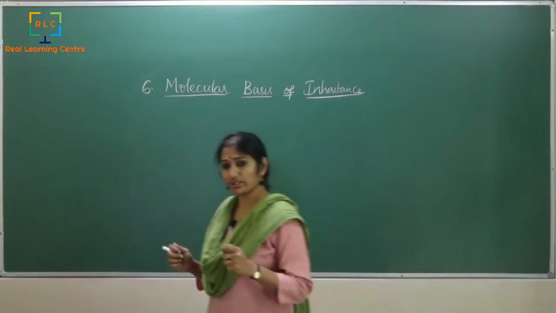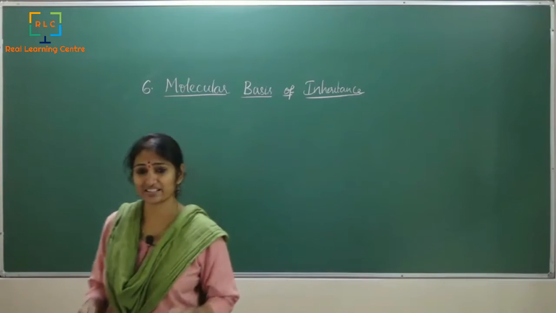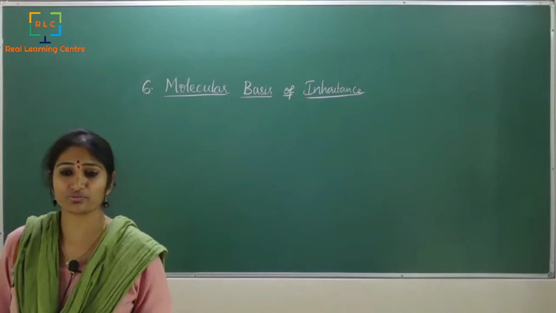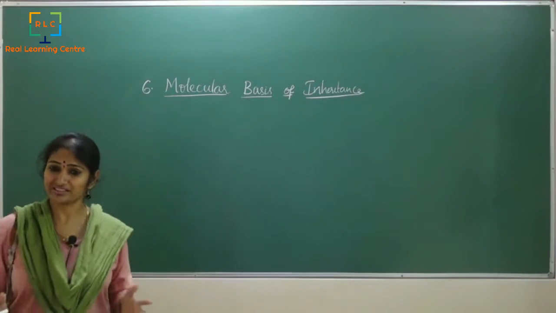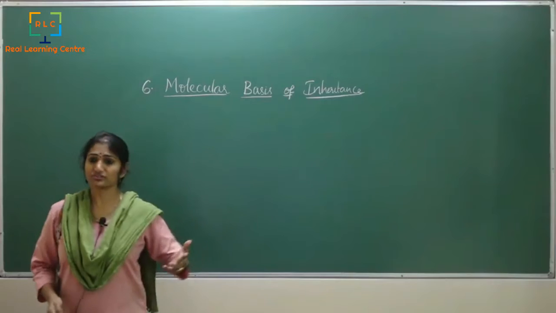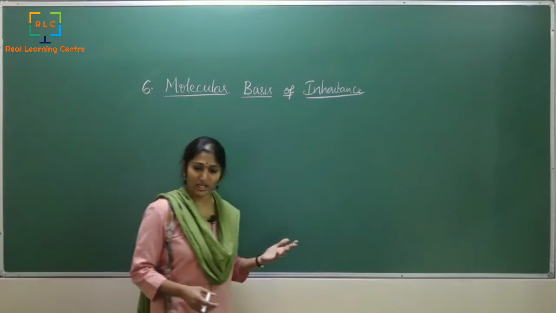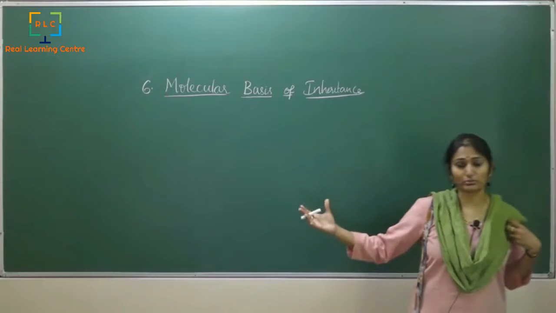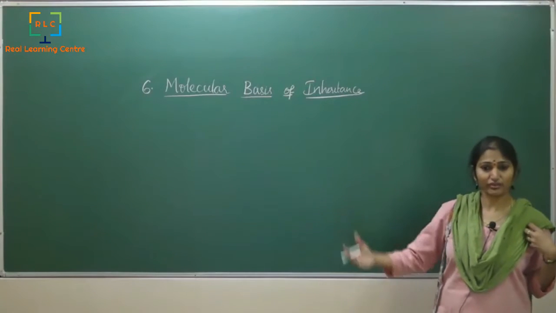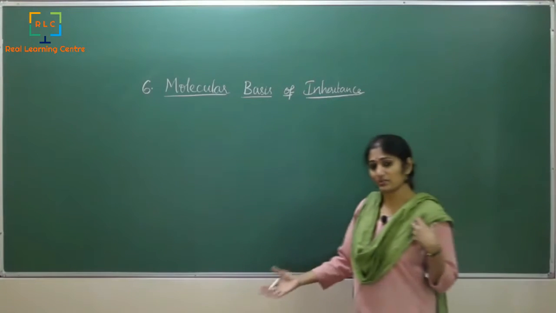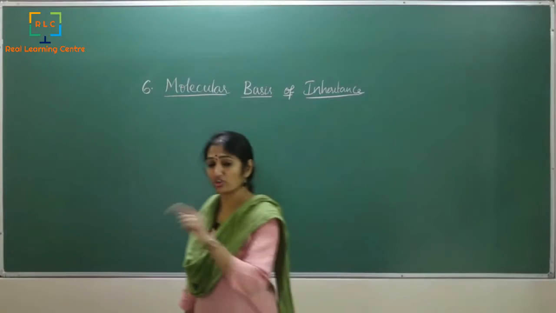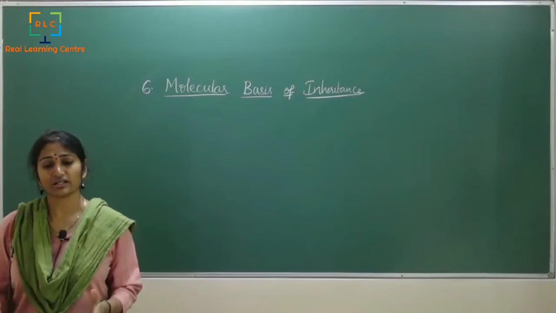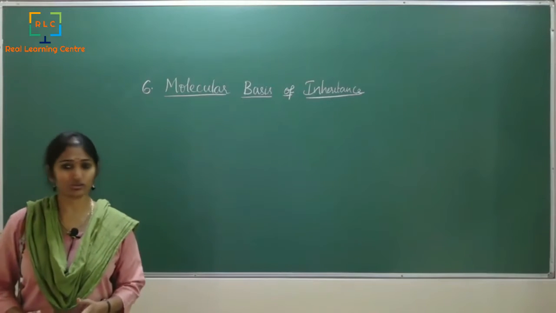Now, we would like to know how this DNA exists in each cell, why that information is stored in the form of DNA, and if there is a DNA, our DNA is not giving me characteristics directly. Obviously, say I'm talking about a red color flower, the red color comes not from the DNA but from one of the pigments, which is a protein, right? So all the traits are expressed in the form of proteins and not from the DNA.